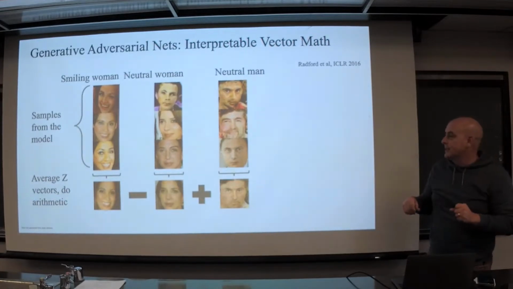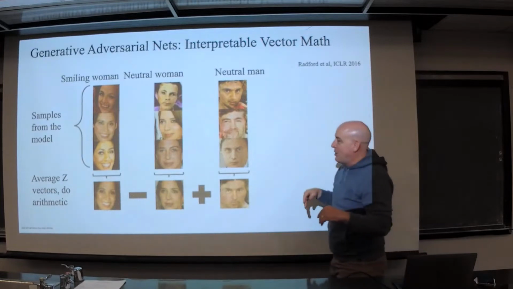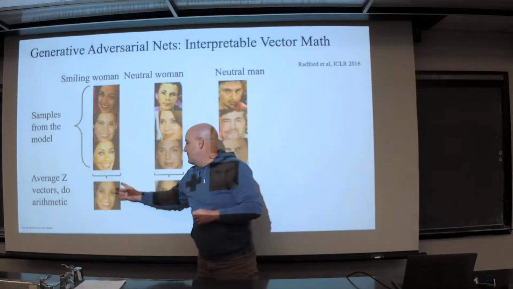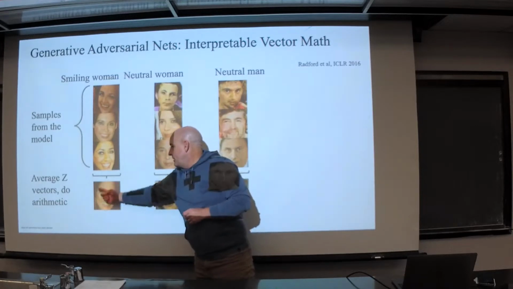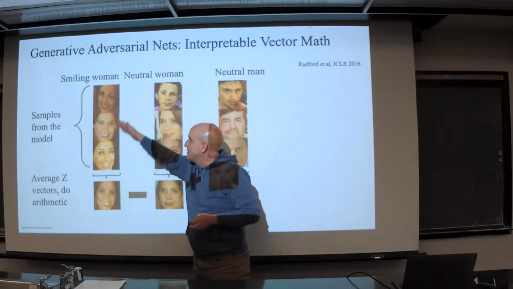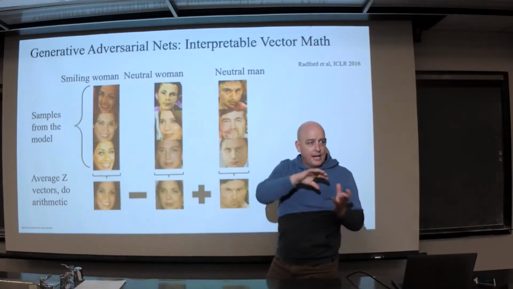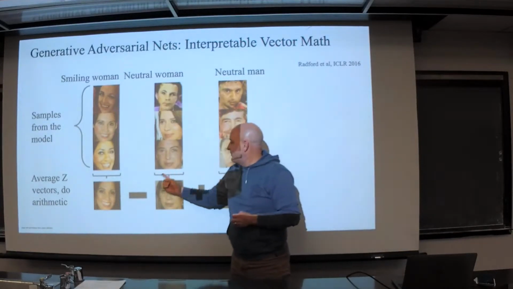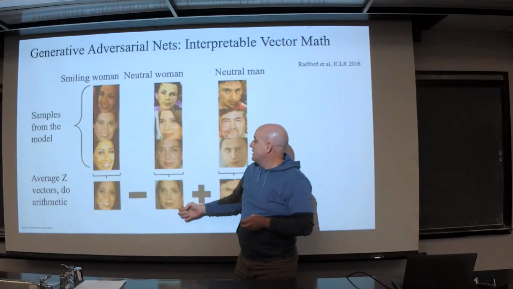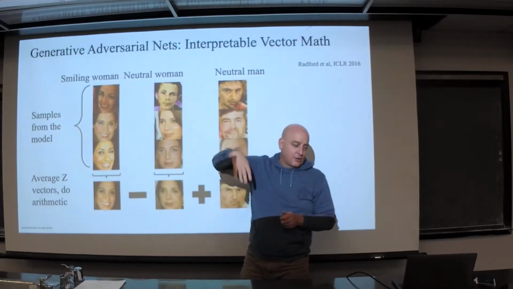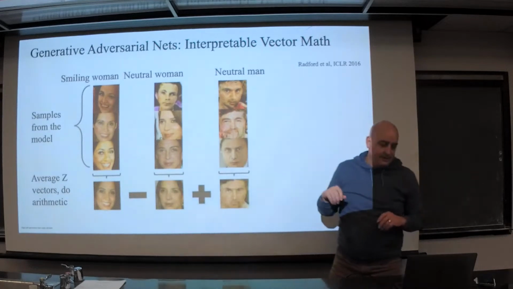And somebody at some point thought to do some arithmetic here and said, okay, what if we take the vector that represents the average woman smiling, learned by our GAN, and subtract from that the average representation of a woman who's neither smiling nor frowning, this neutral woman as it's written up there.